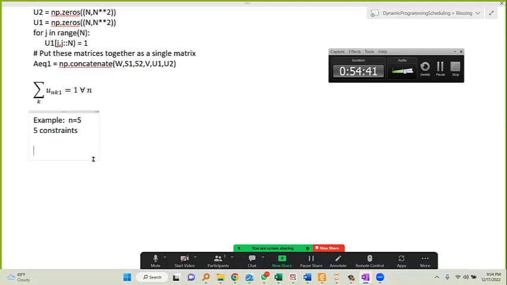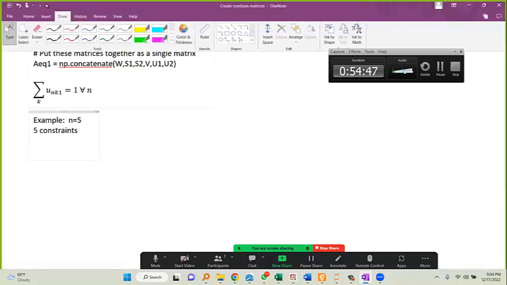Now you have the same variables as before, but it's not going to be the same matrix. So let me write out the variables.